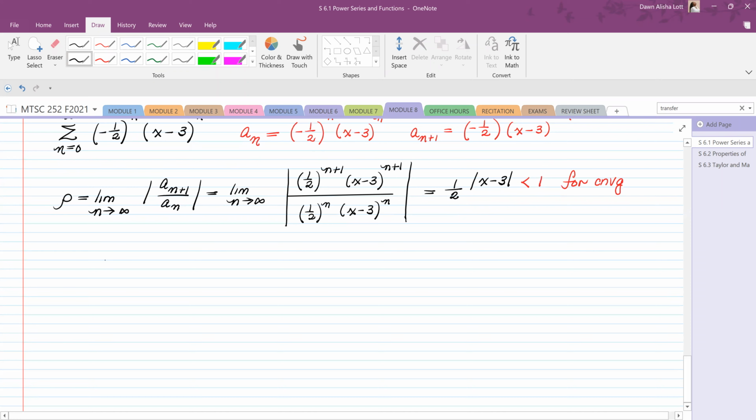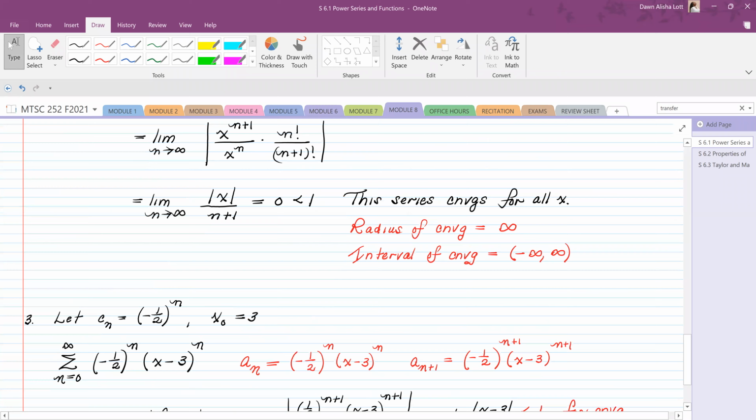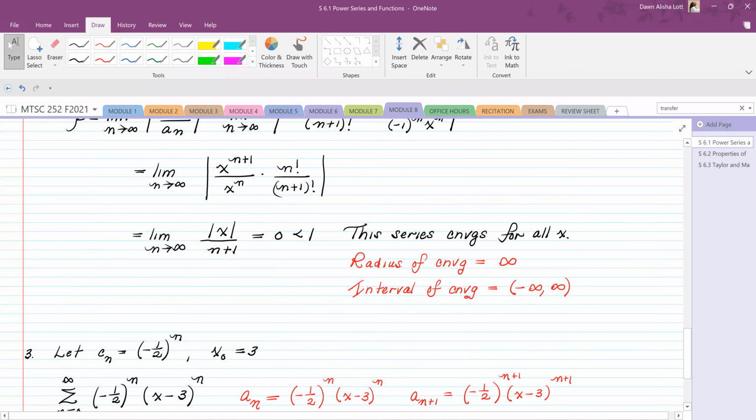So now I get the absolute value of x minus 3 is less than 2. And this number right here becomes my radius of convergence. Now notice the other one, the radius of convergence was infinity because it always was less than 1.